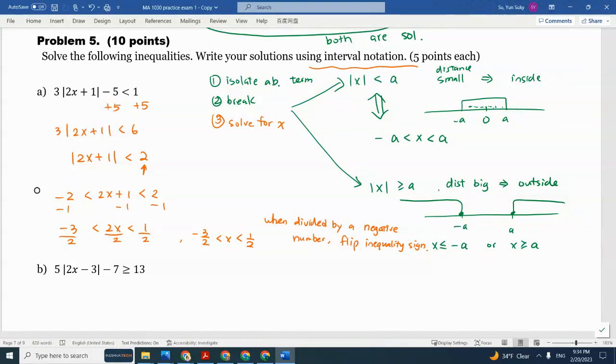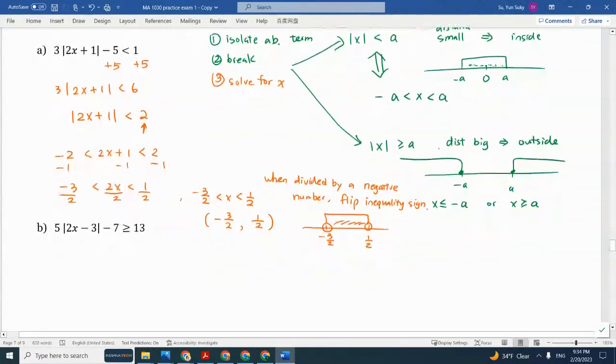Write it using interval notation: parentheses negative 3/2, comma, 1/2 parentheses. We don't include the endpoints, open circles. So this is the region between them. This is part A.